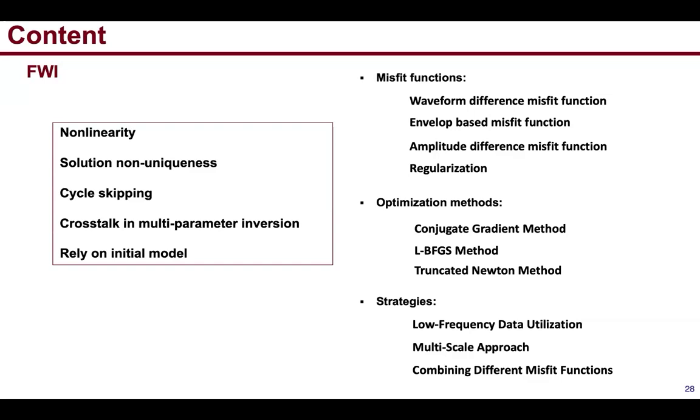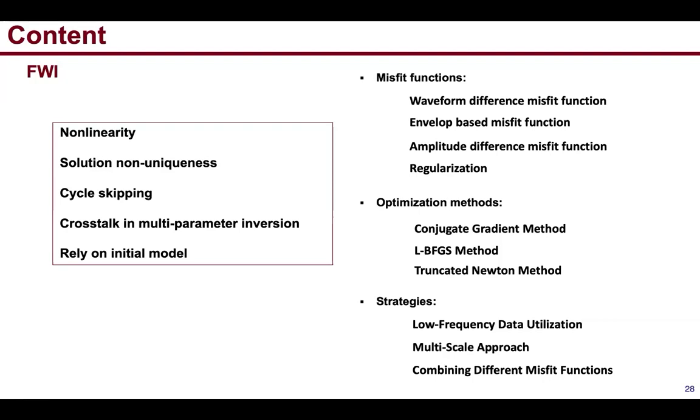They are sensitive to different parts of our model, and we could also add some regularization to our loss function to better characterize our model based on some prior information. And for the optimization method, we have conjugate gradient, L-BFGS, and the truncated Newton method.